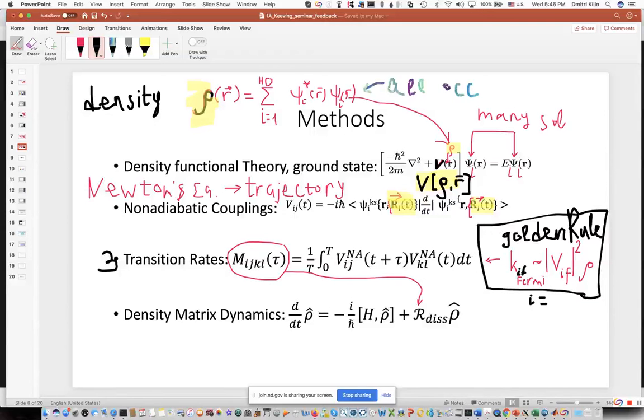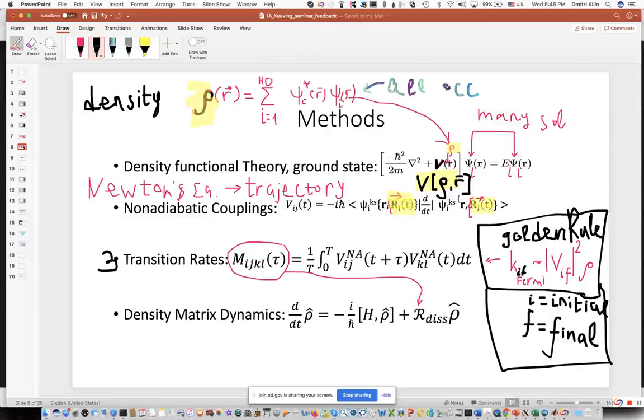All right. Yeah, I'll definitely make a note of that. Okay. And then the last equation I have is the density matrix dynamics. The rate of change for that density is equal to the commutator between the Hamiltonian and the density operator plus the transition rate times that density operator.